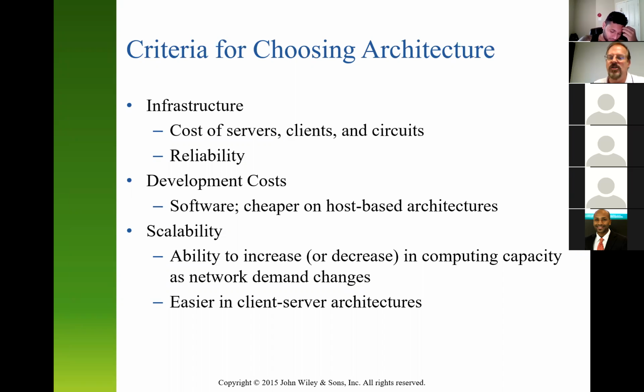The criteria for choosing a particular architecture, and I talked about this, but let's just go over it really quickly again. The criteria for choosing which architecture you're going to decide upon is dependent upon these elements: cost. And this is the primary deciding factor right there. The number of clients that you need to support and the type of clients that you need to support.